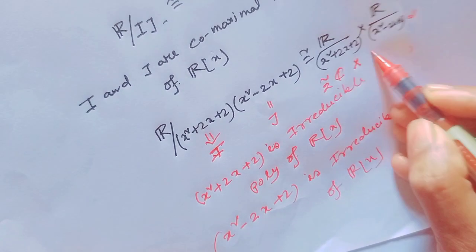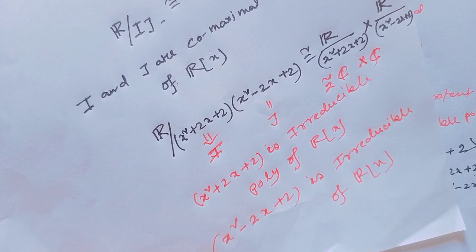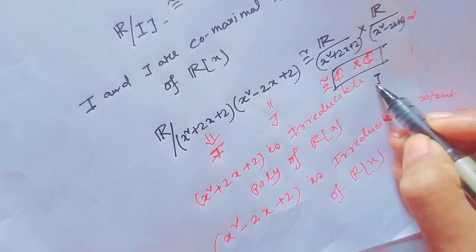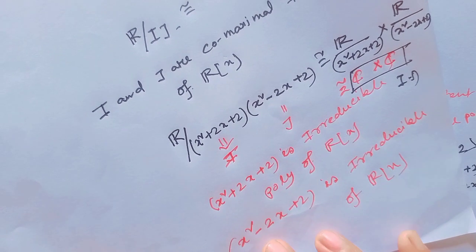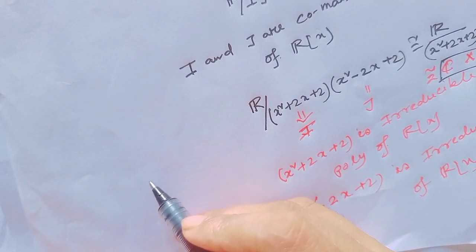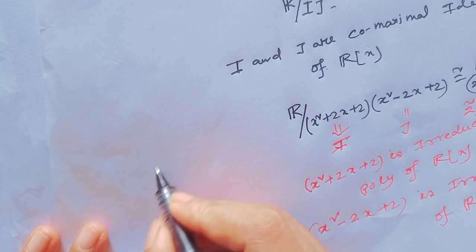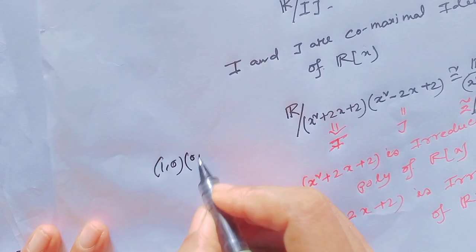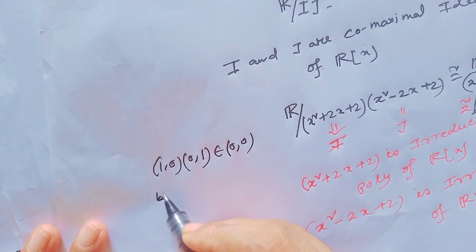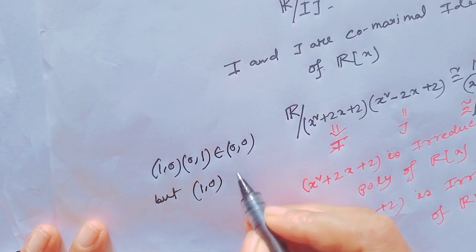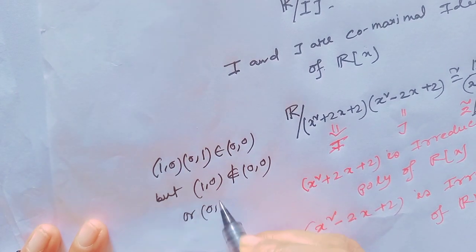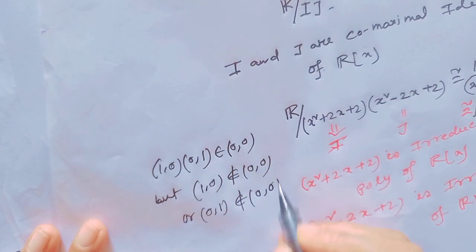So this is isomorphic to C cross C, and we all know C cross C is not an integral domain because it contains zero divisors: (1,0)·(0,1) equals (0,0), but (1,0) is not (0,0), and (0,1) is not (0,0).